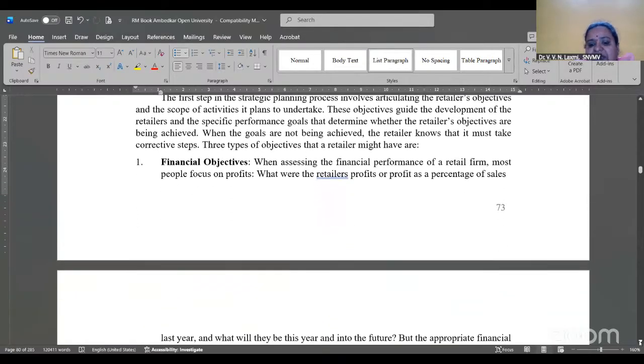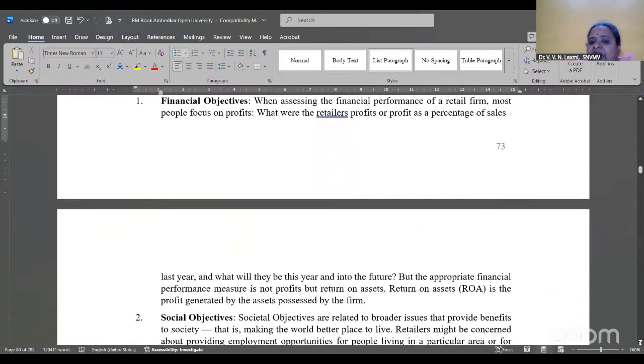When we look at the financial objectives, we are not only looking at the performance of the retailer in terms of sales, we are also looking at the ROI, that is return on investment for the retailer, and also profits as far as the retailer is concerned, and how much he is able to cross over the previous year sales.